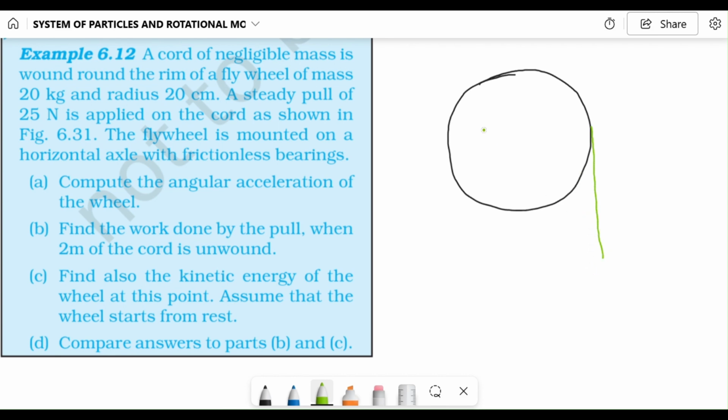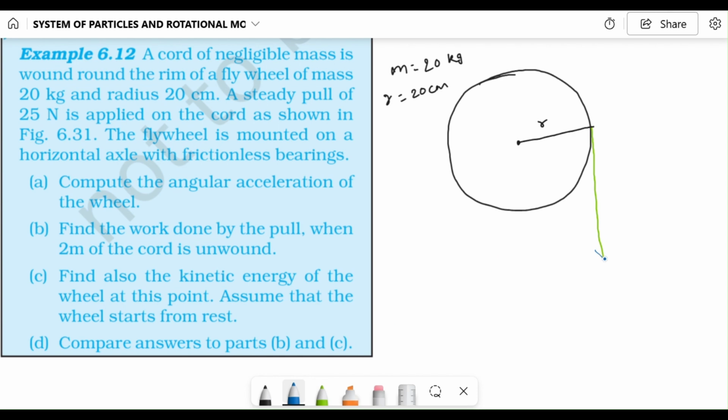Okay, the mass of this wheel is 20 kg, and the radius of this wheel, let's say this is the radius, is 20 centimeter, and a steady pull of 25 Newton is applied on the cord as shown in figure 6.31. Okay, I am drawing it for you here.